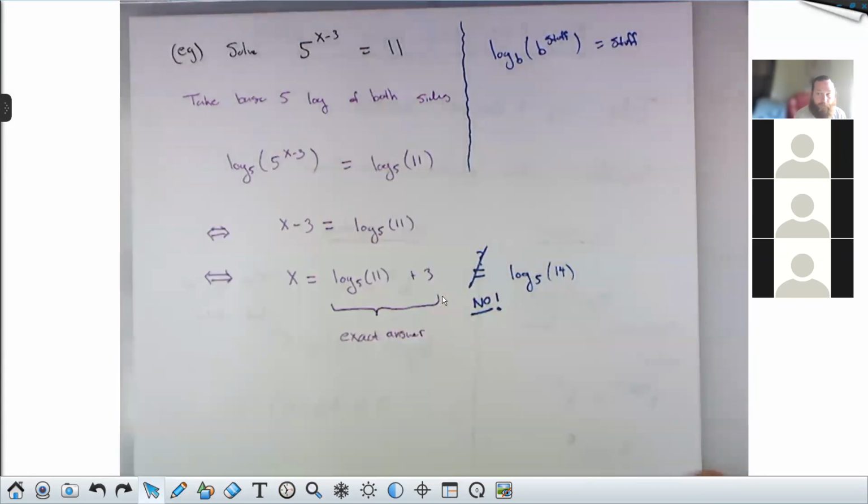And we can stop and declare victory here, but I don't know how big that is. Is that like 7? Is it like 4? Is it like -2? It's not at all clear to me how large or small this number is. So if I want a decimal, a number that's easy to get a feel for the size of, then I would need to put this into a calculator. And the way to do that is using the change of base formula.